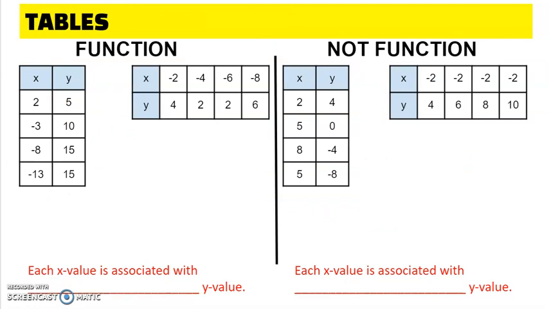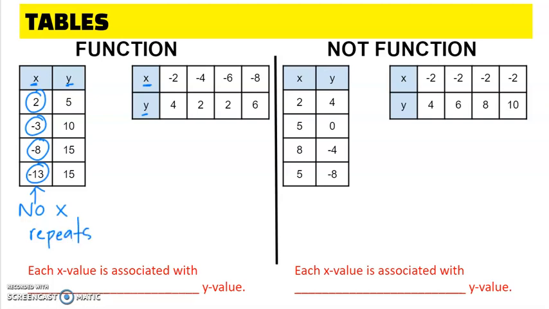Okay, so tables, you have to know where your x and y are located. So x is the left, y is the right in vertical tables, or else x is the top, y is the bottom. Okay, so when I look here, I'm looking at my x values. That's all we care about, x, x, x. Okay, x value, none of them repeat.